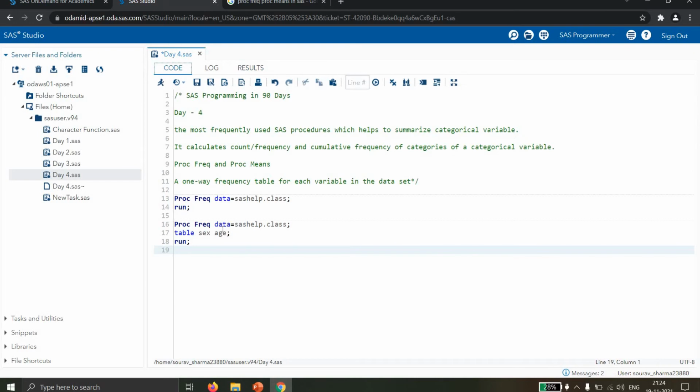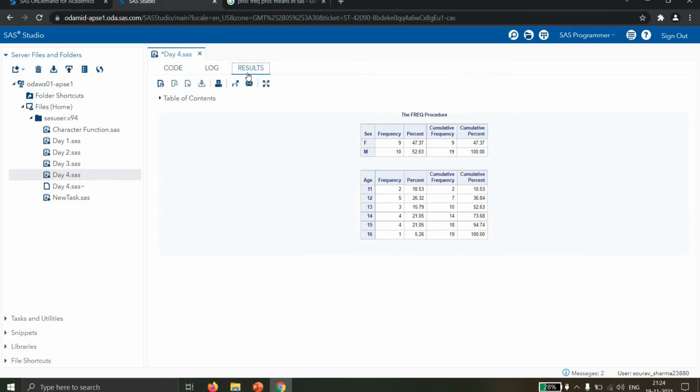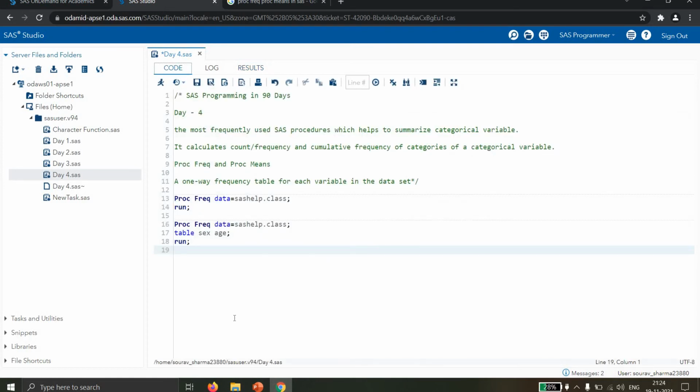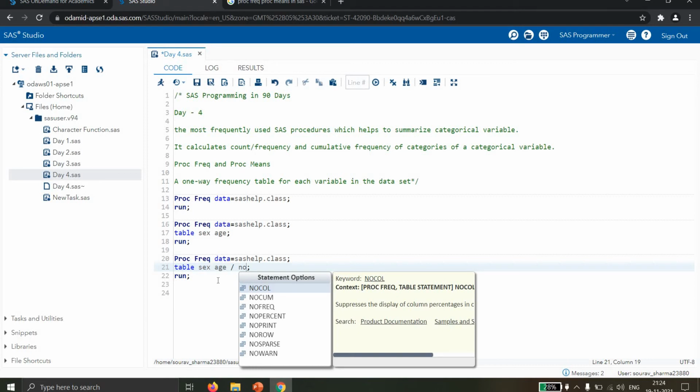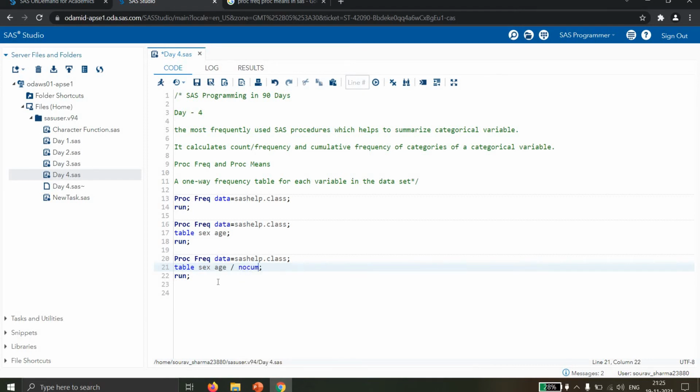Now you're saying I'm not looking for the percentage, the cumulative frequency or cumulative percentage. We have an option so that we can hide these. We write a slash and nocum, which means no cumulative frequency.